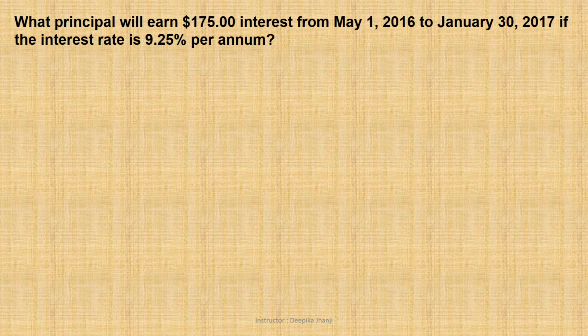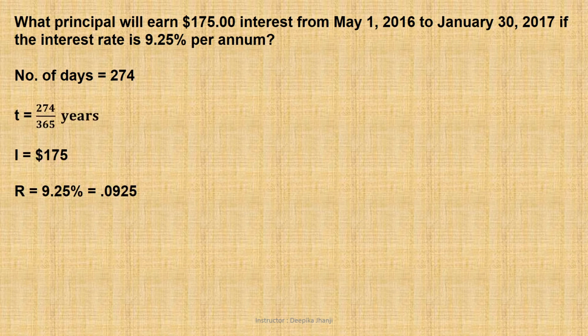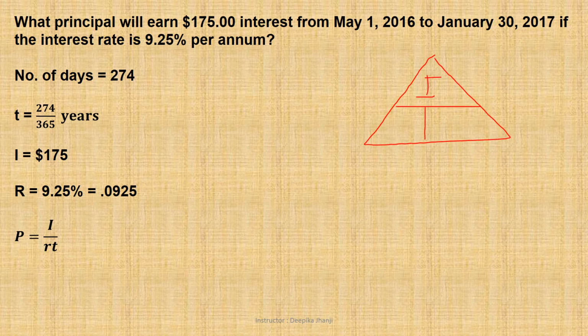Okay, let's move on to calculate the principal now. The number of days are 274, but the time should be converted into years, so we divide by 365. Another information we have is I and R. Now to figure out the principal, we use this formula P equal to I upon RT. To understand this formula, let's draw a triangle where we write I on the top and other three variables at the bottom.